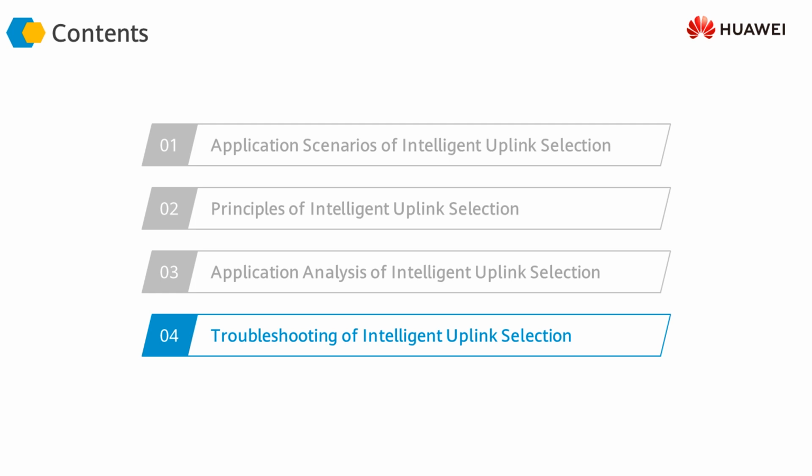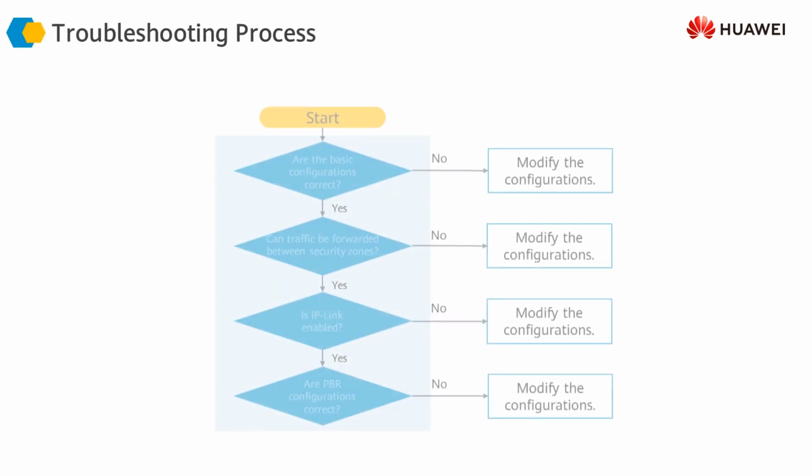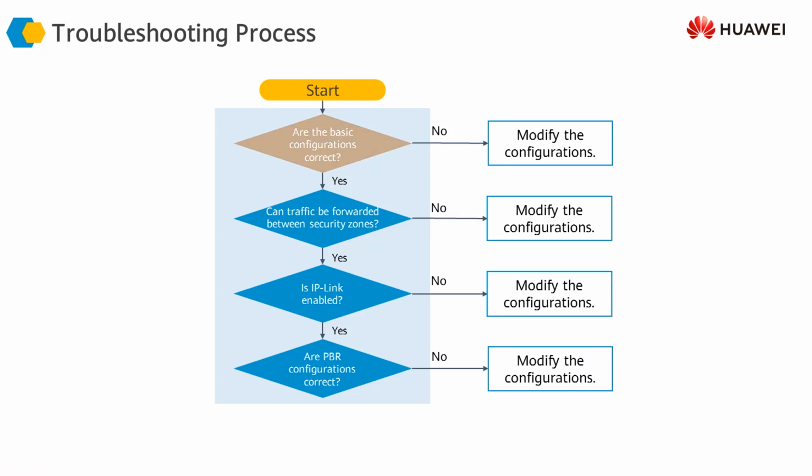And if we want to troubleshoot, we can do the troubleshooting using these steps. First of all, we check whether the basic firewall configuration, including the IP addresses and assigning IP addresses to different security zones, is done correctly.